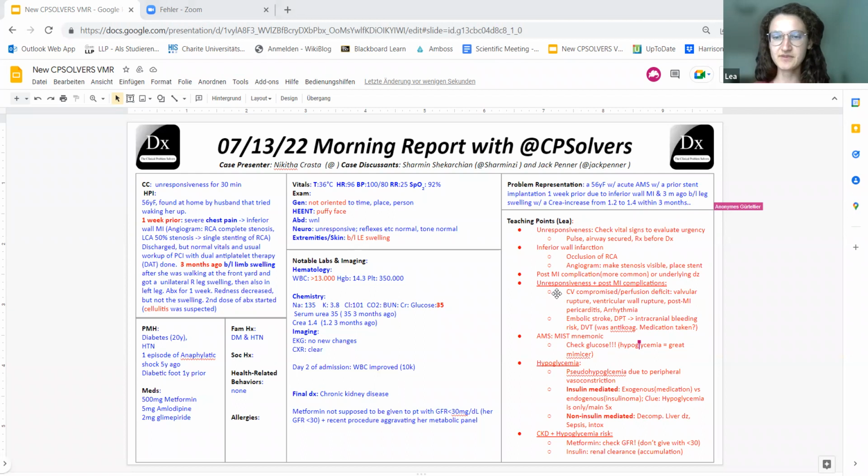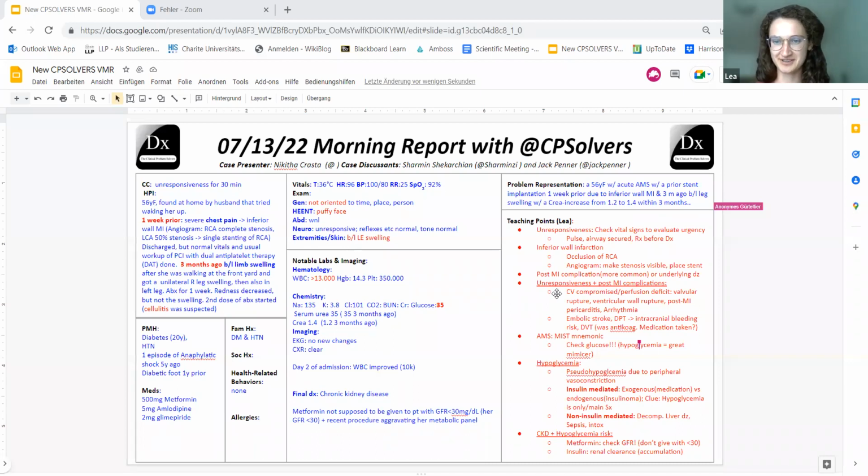And due to an arrhythmia or turbulences in the heart, you can also have embolic strokes that can cause unresponsiveness. Or if the patient is on dual platelet therapy, then there is a higher risk of bleeding that can also lead to these symptoms.